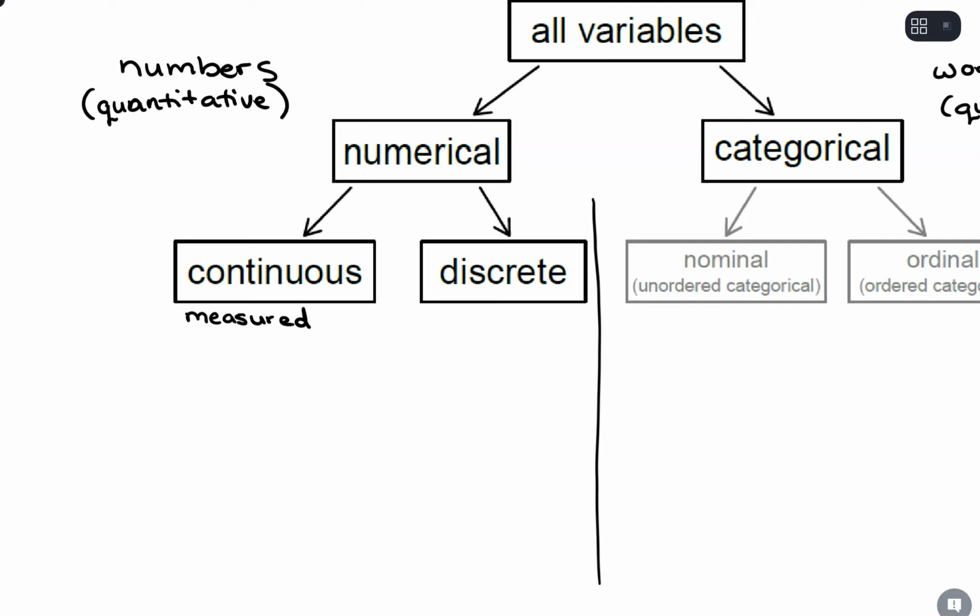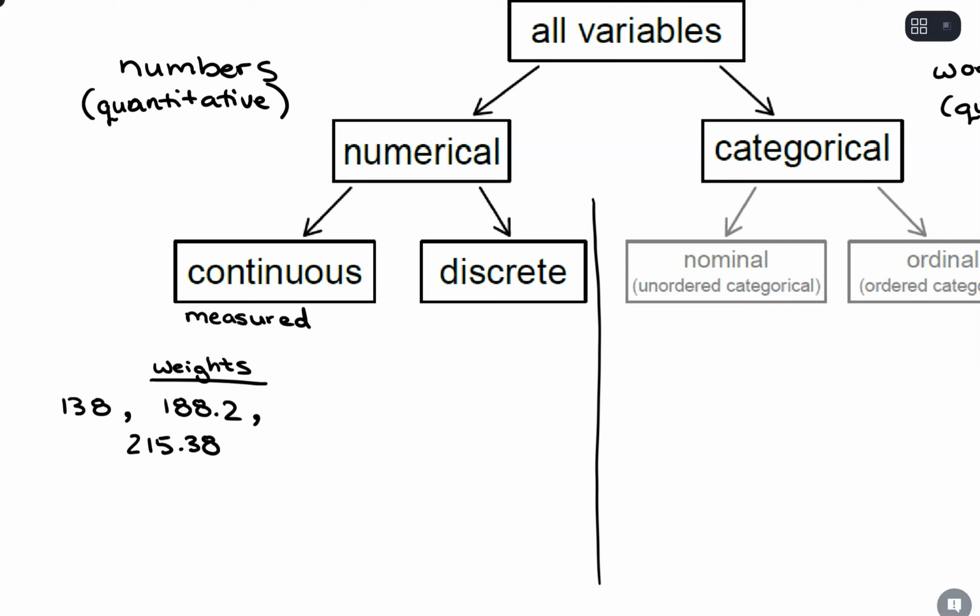So like height or weight, things that are actually measured out there. So let's say, for example, I collected weights. And let's say I had someone that's 138 pounds. But if I had a scale with some more accuracy, maybe I could get a decimal place. We could get super accurate and have even more decimals.